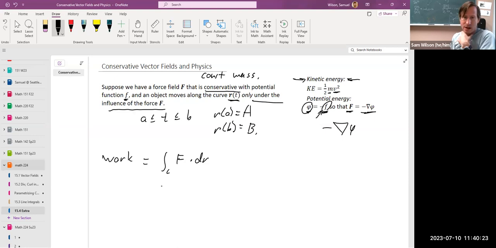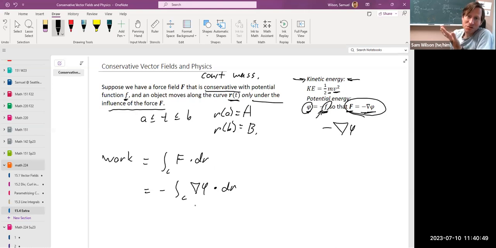Okay, so let's compute this. Now there are a couple ways to compute this. One way is just to remember that the force is related to our potential function. So this is minus the integral over the curve of the gradient of phi dot dr.